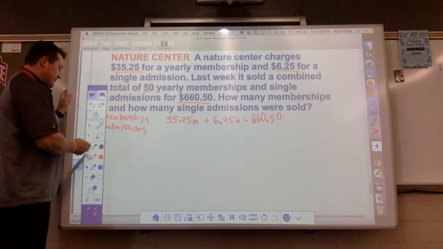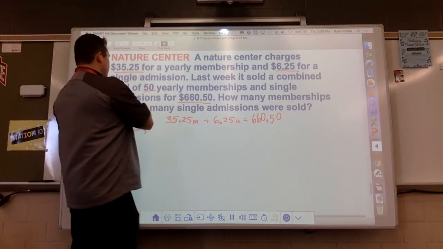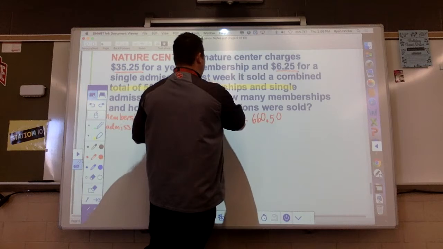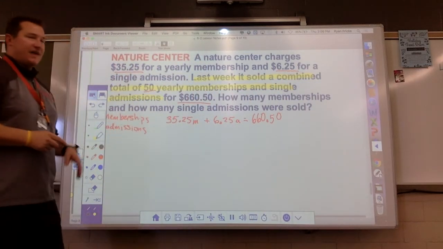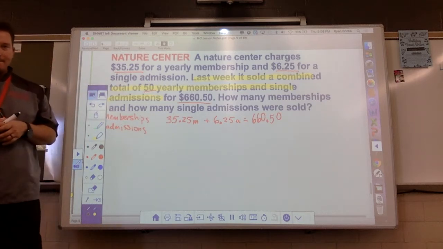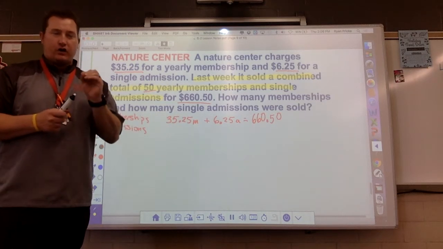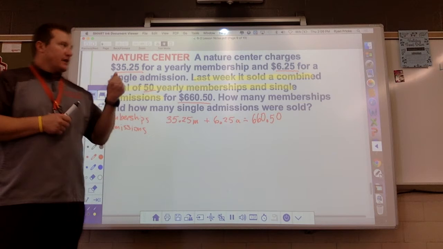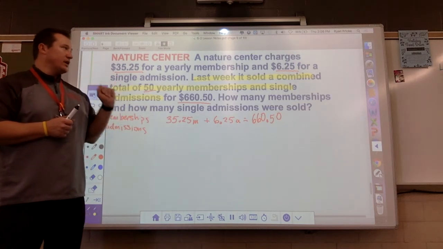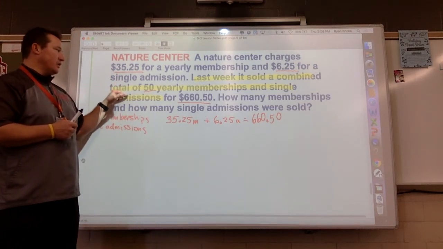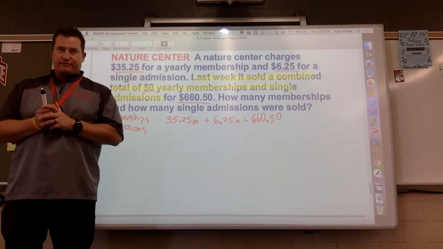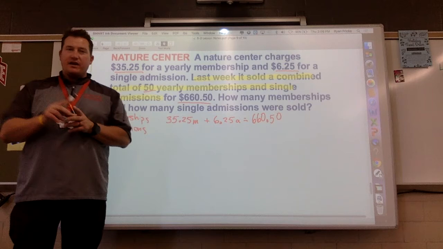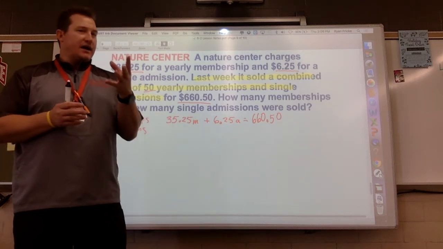Your second one comes from this sentence right here, that highlighted stuff. This is always the harder equation to write. It tells me last week we sold a combined total of 50 memberships and single admissions. Doesn't tell me how many of each. It just says combined we sold 50.